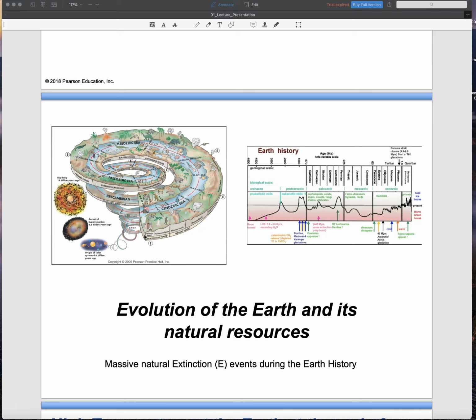Actually, our galaxy, the Milky Way galaxy, is calculated to be about 14 billion years old.